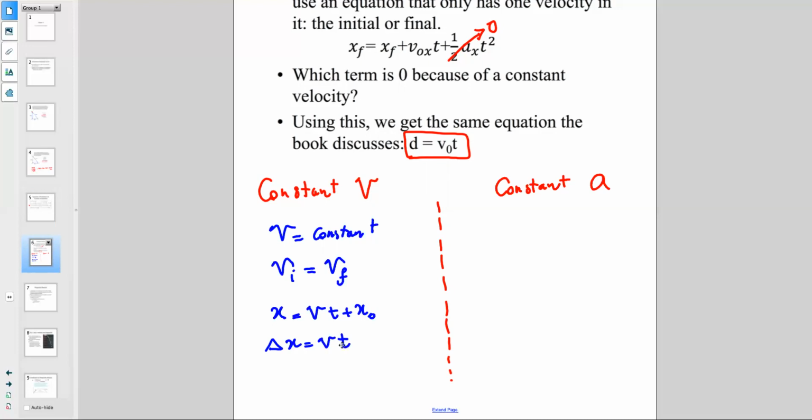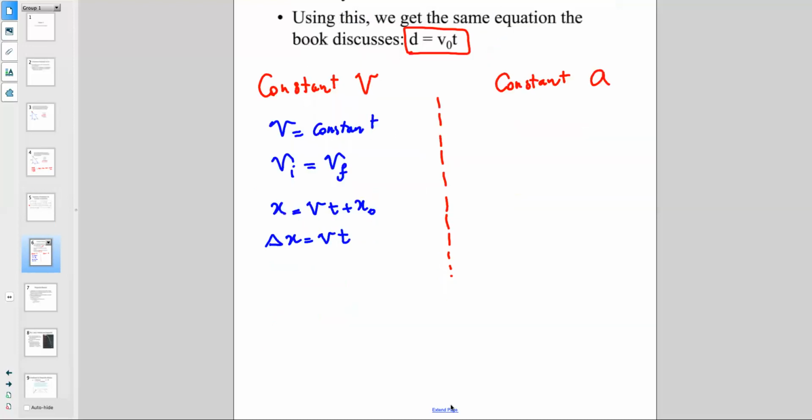And notice that the xt figure was a straight line. The vt figure was just a horizontal line with no slope, because the velocity over time does not change.